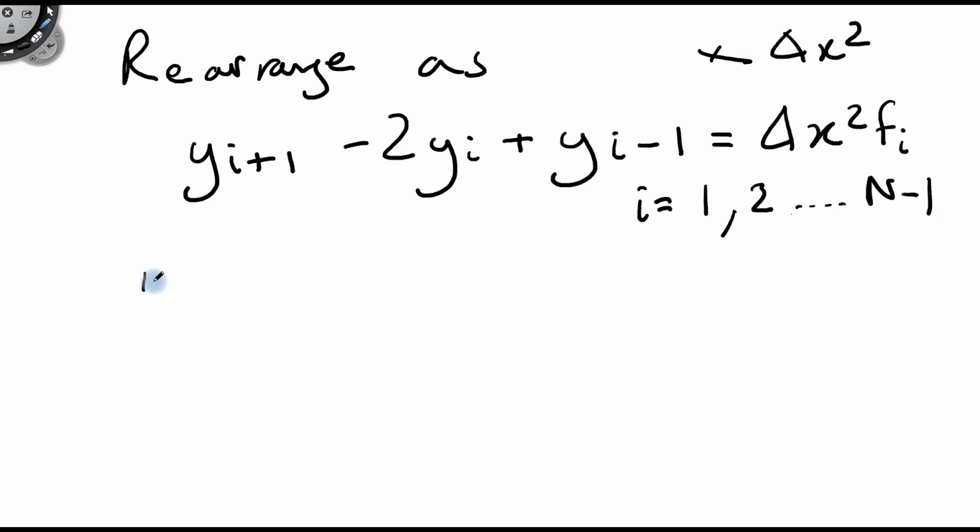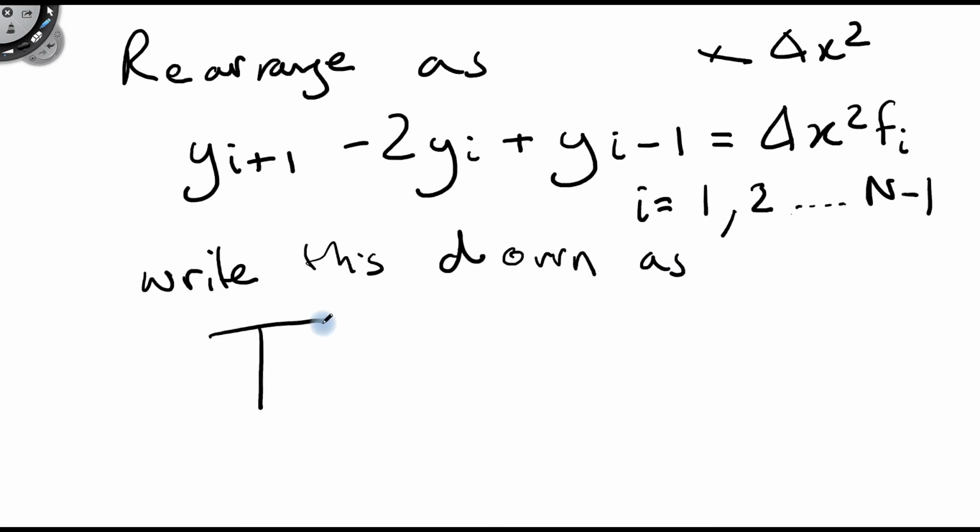And we want to write this down as T y equals delta x squared f. The underlined are vectors, and the T is a matrix.